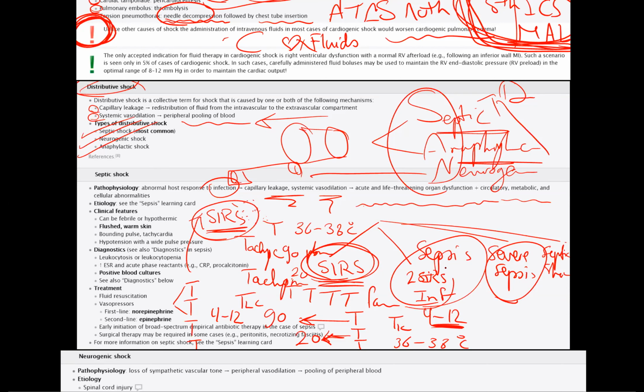We have two SIRS plus confirmed, documented, or suspected infection, plus signs of end organ failure, like hypotension or lactate more than 4 millimole per liter. Then we will have severe sepsis. What about septic shock?